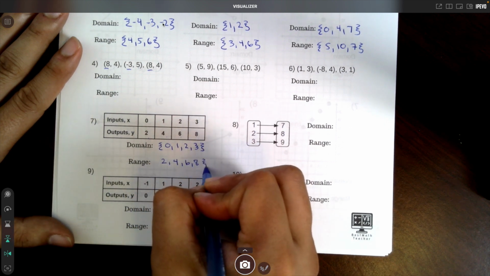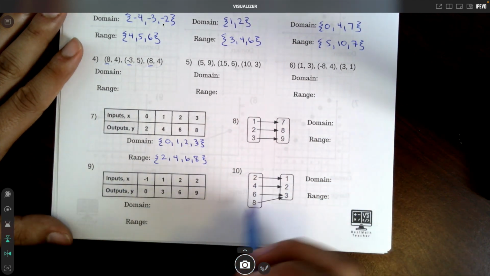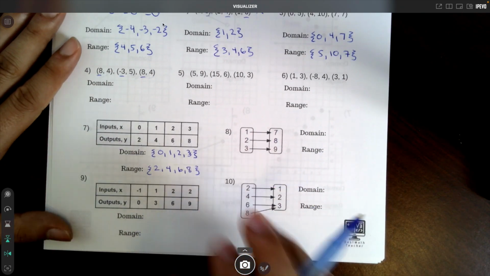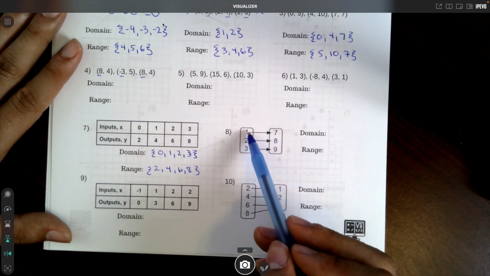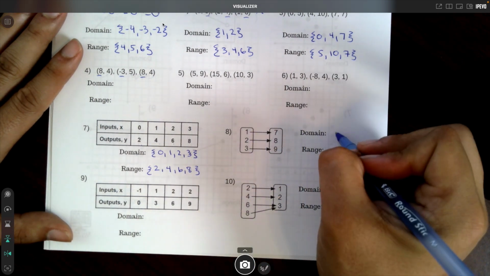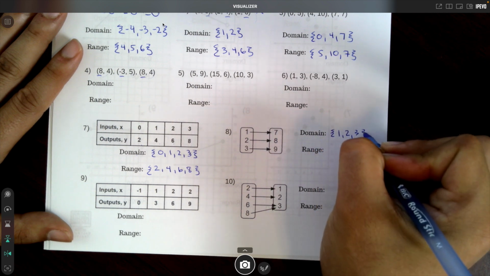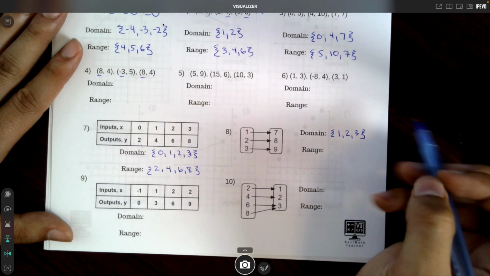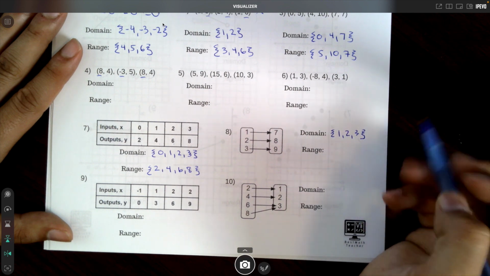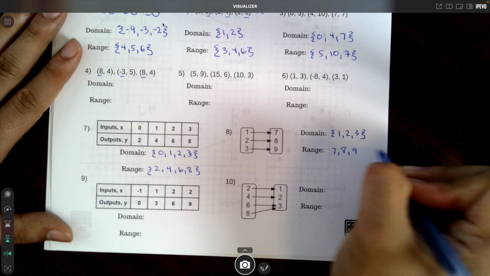So again, so far, all of these basics are just simple things that you guys have to consider. Just patterns. The domain, 1, 2, 3. Almost messed up my 3 again. I think it's because I'm doing these brackets. Range, 7, 8, 9.